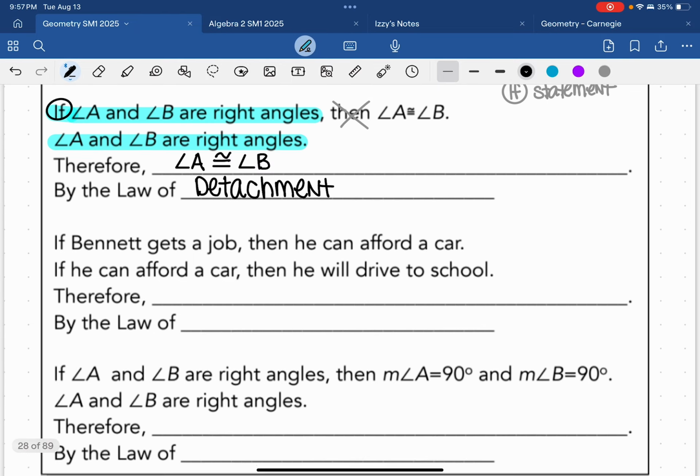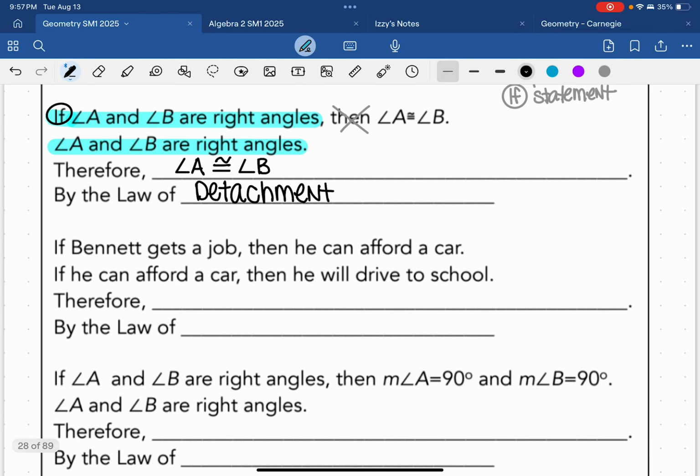If Bennett gets a job, then he can afford a car. If he can afford a car, then he will drive to school. I hear that "he can afford a car" part. I'm going to switch back to my yellow highlighter because there we go. It's doing the "then" first and the "if" second.